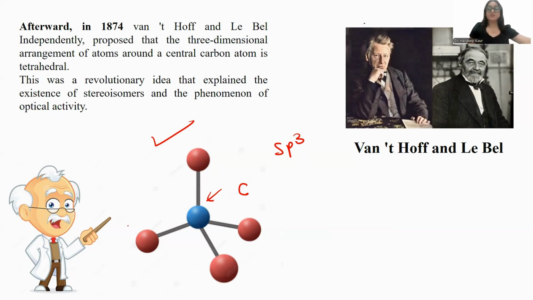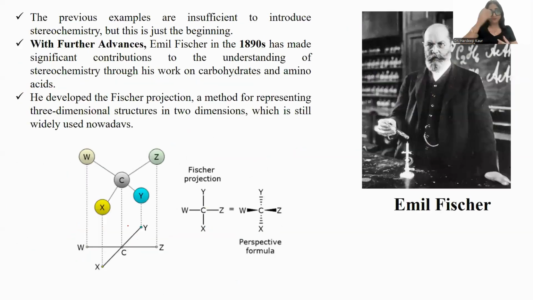This was another revolutionary idea that explained how stereoisomers exist, and it also gave us optical activity. All the optical isomers that rotate the plane polarized light to the left or right, we call optically active compounds.